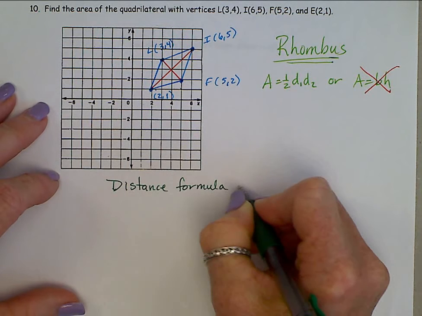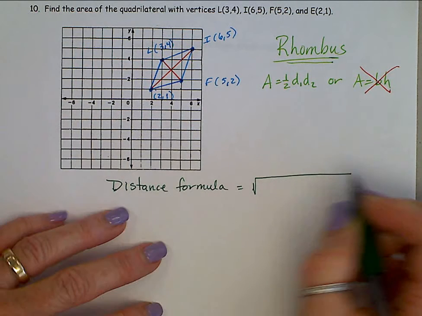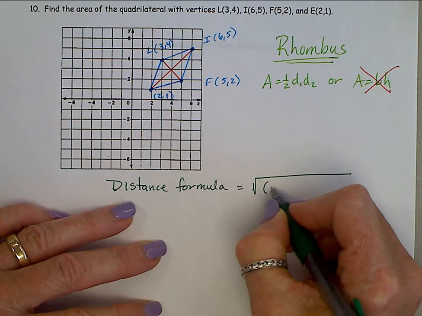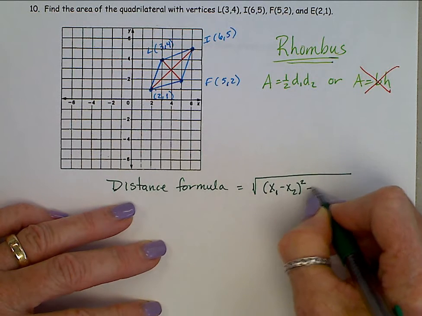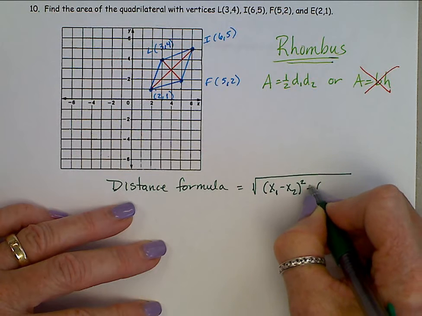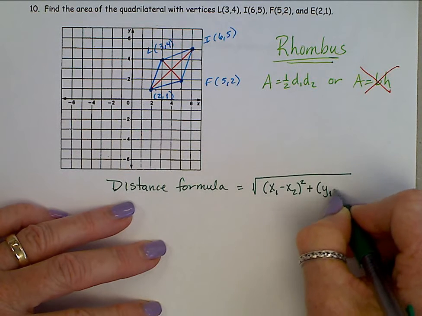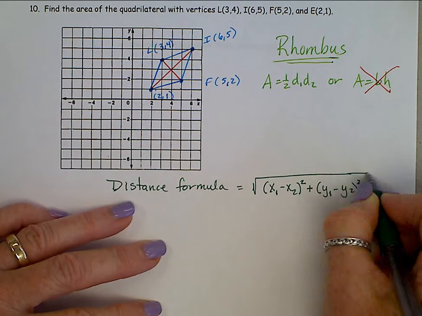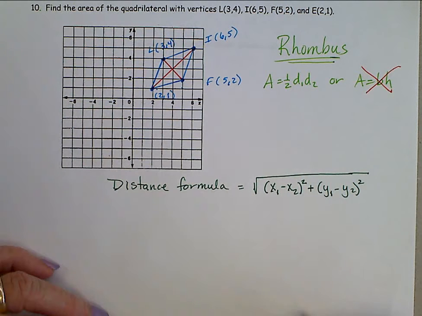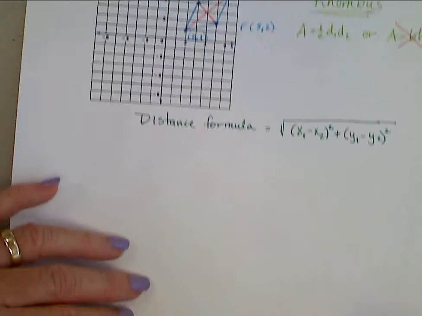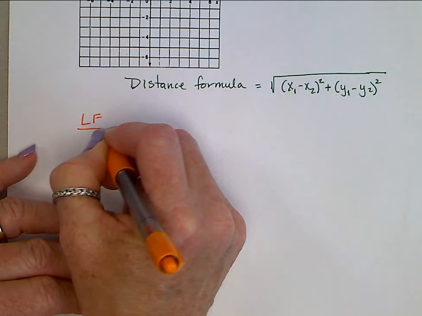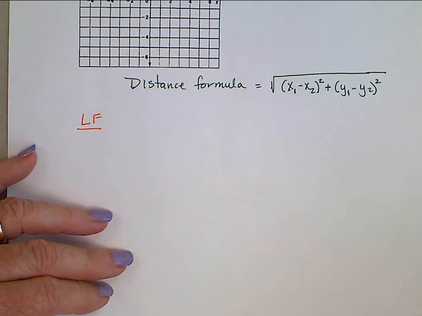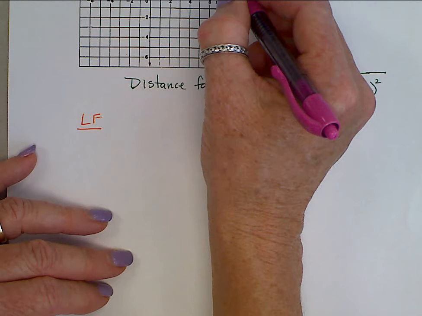And the distance formula is the square root of x sub 1 minus x sub 2 squared, plus y sub 1 minus y sub 2 squared. So our two diagonals, one of them is LF, and the other diagonal is IE.